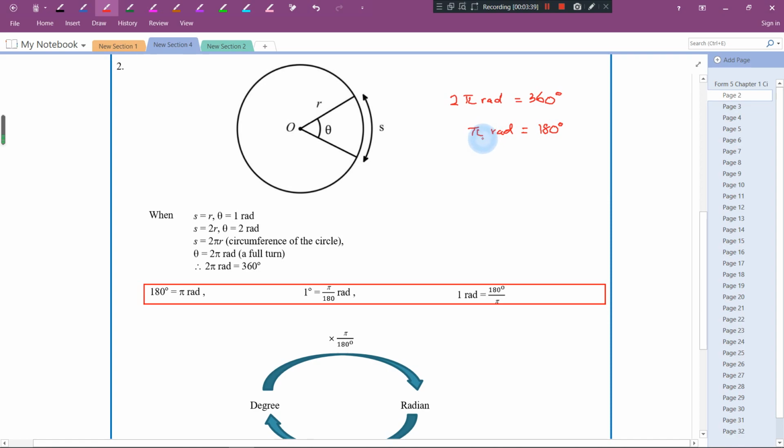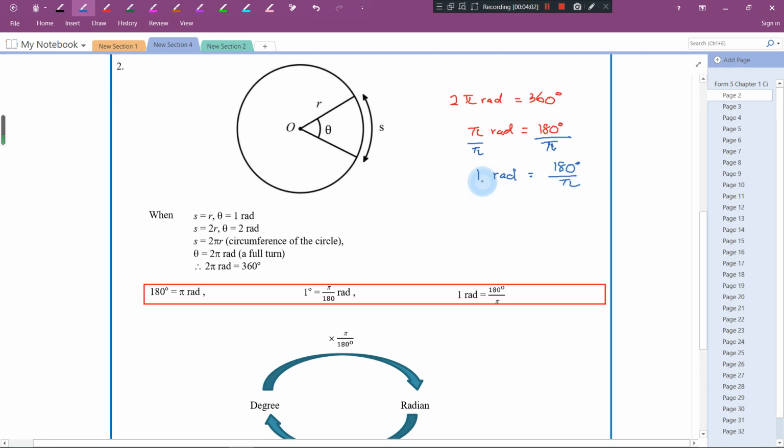So if I want to calculate 1 radian equal to how many degree, what should I do? I divide both sides by pi, right? When I divide both sides by pi, I will get this. 1 radian is equal to 180 degree over pi.